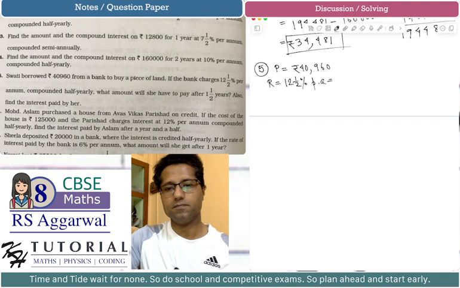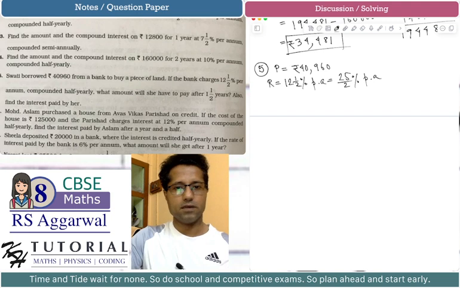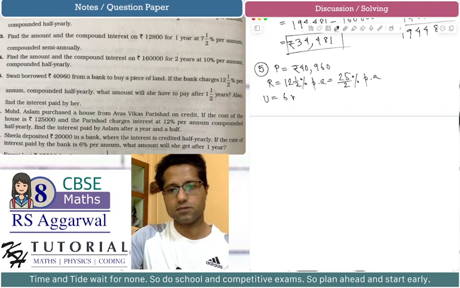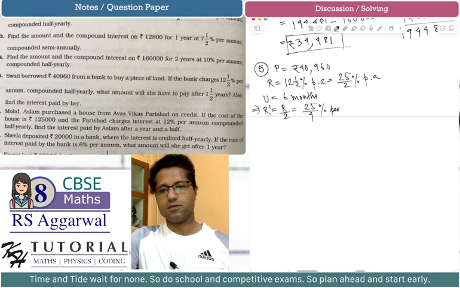which is equal to 25 by 2% per annum, and the interest is being compounded half yearly. So u is equal to 6 months, which implies r dash will be equal to r by 2, which is equal to 25 by 4% per 6 months.